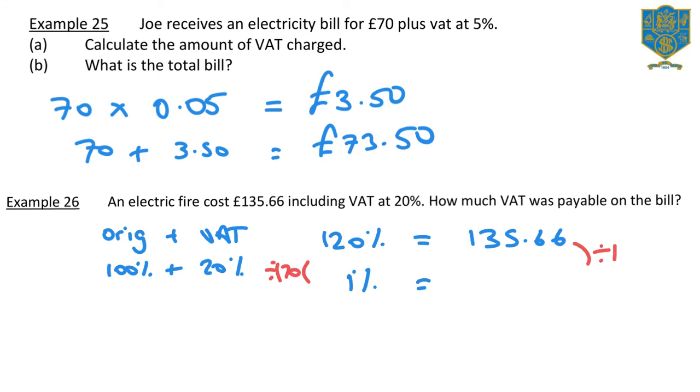We'll do that on both sides. And we get 1.1305. We need to work out what 20% is, so we need to multiply it by 20. And we get £22.61. So the VAT on the electric fire was £22.61.